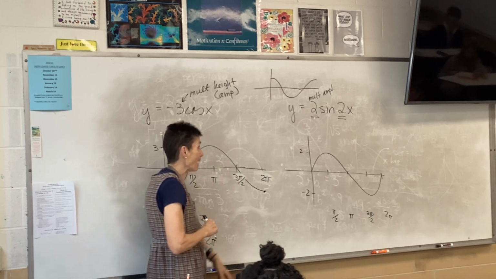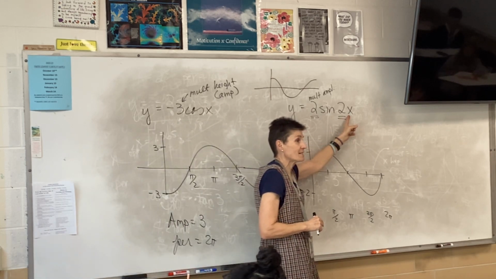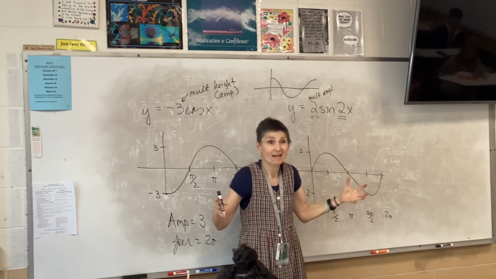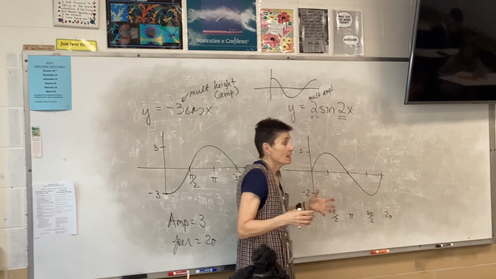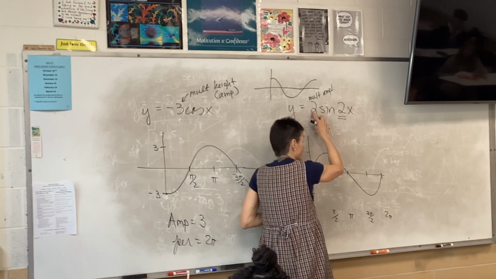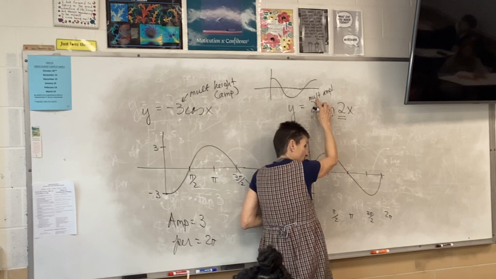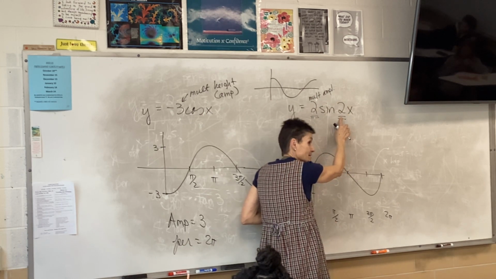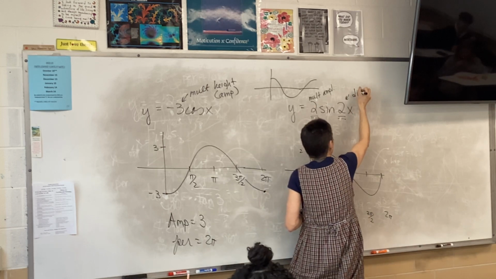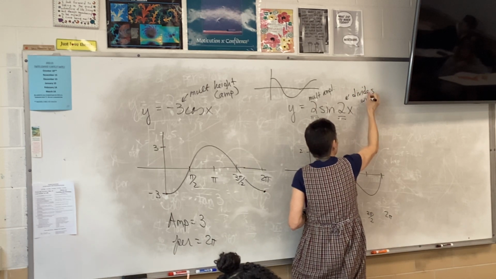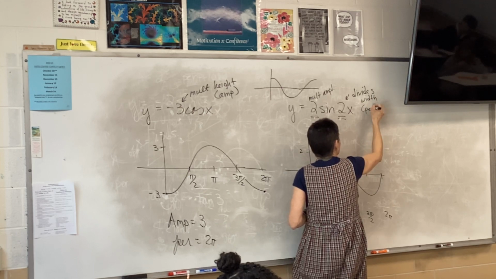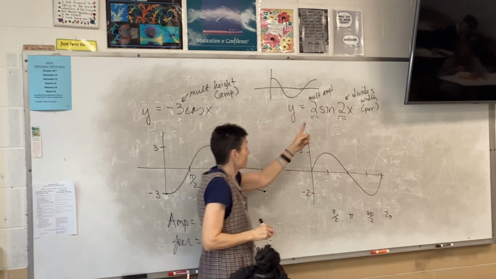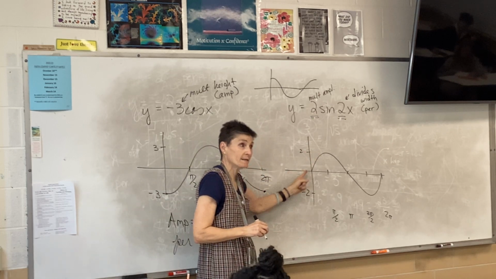But what's happened to them? What does this do? This alters the horizontalness of the picture. While a number in front multiplies the amplitude, this number actually divides the period. This divides the width, which we're going to call period in trig land. Okay? So this number is a multiplier, so these were 1, now they're 2.